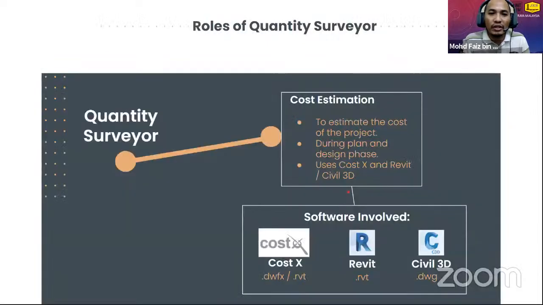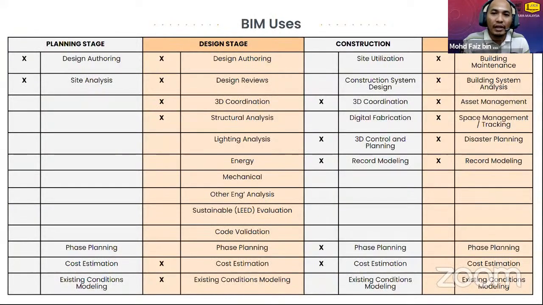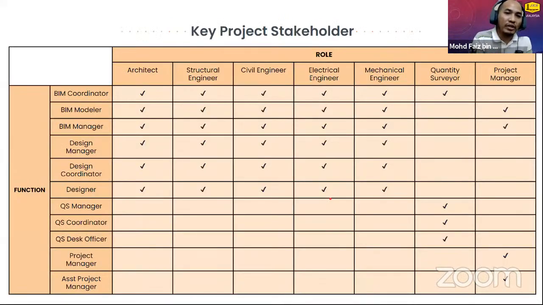So make sure you add one more BEP for the planning stage until handing over. You need to cover that because the stakeholders are not the same as the asset and facility persons. Okay, because we have contractors, we have the design team, we have the project manager, and so on.